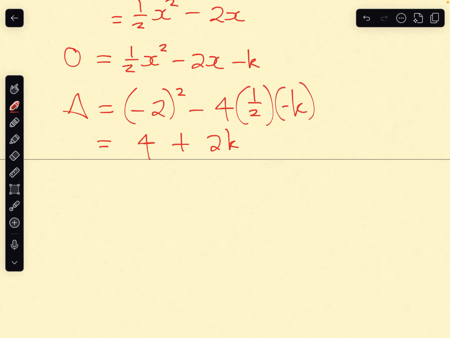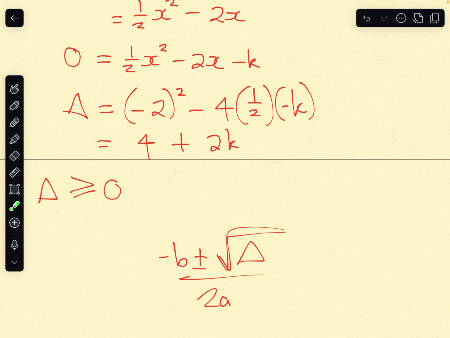So we know that our solutions are real when the discriminant is greater than or equal to 0, right? Because remember, the discriminant is that part of the quadratic formula that lives under the square root.